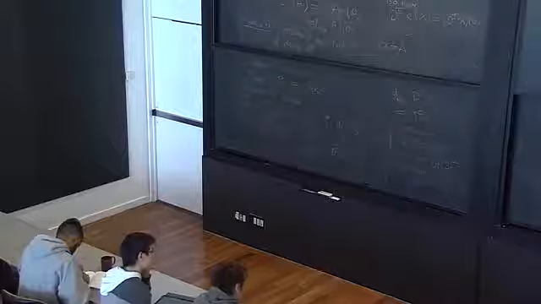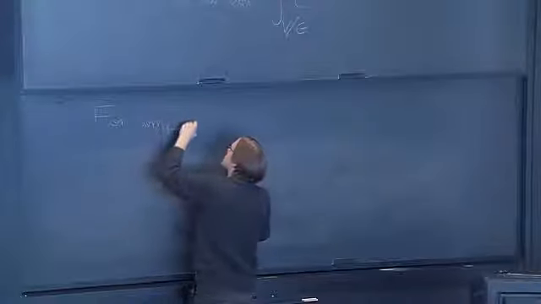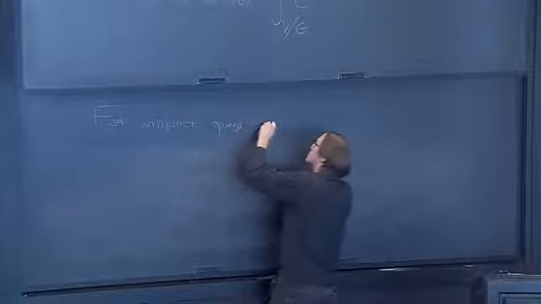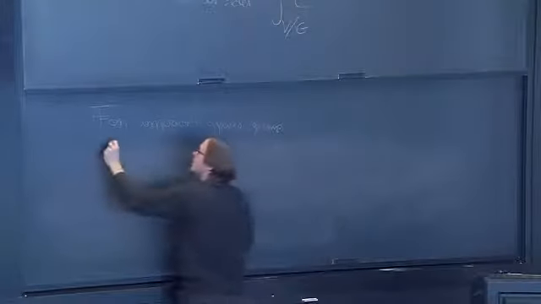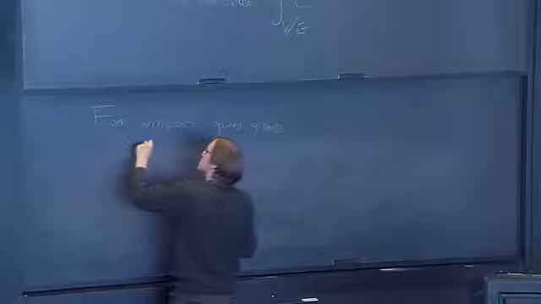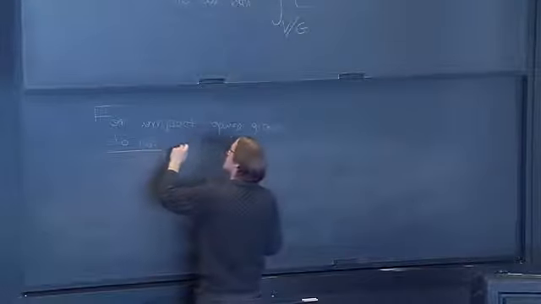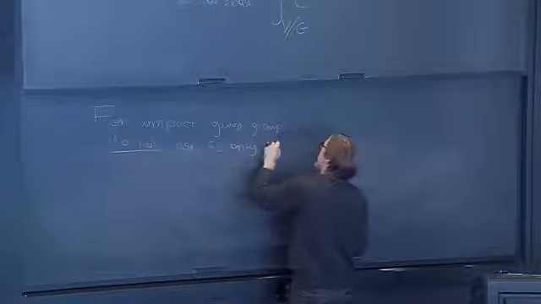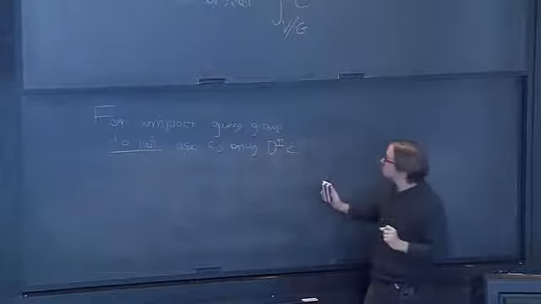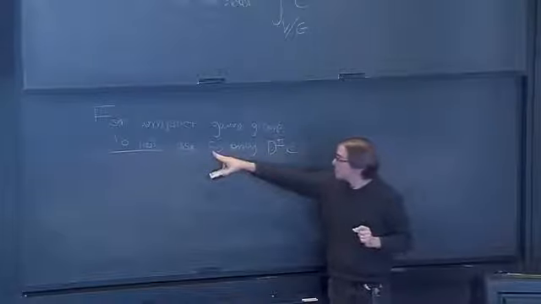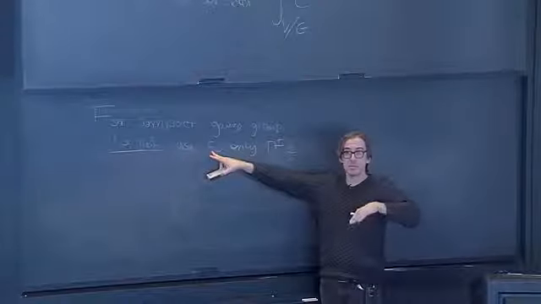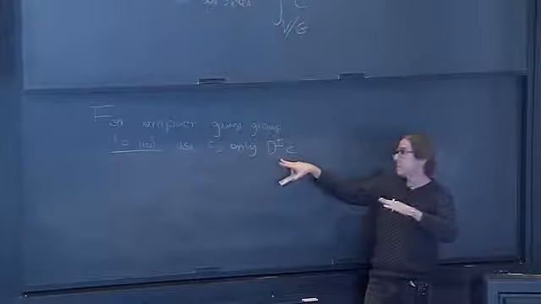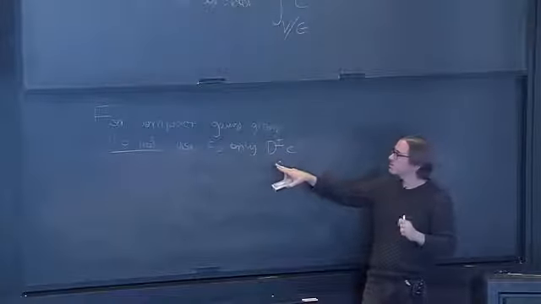For a compact gauge group, we do not use c, only the derivative of c. So c is what imposes gauge invariance for constant gauge transformations, and these are the things imposing gauge invariance for non-constant gauge transformations.